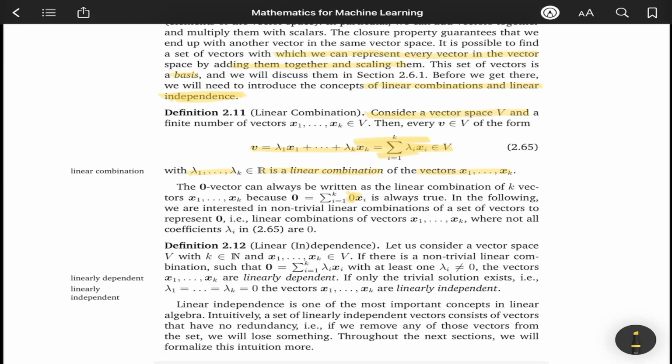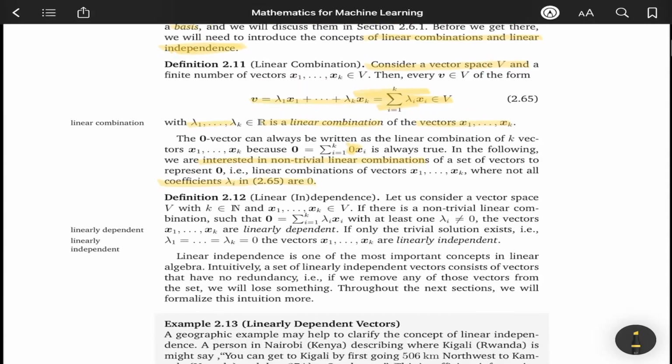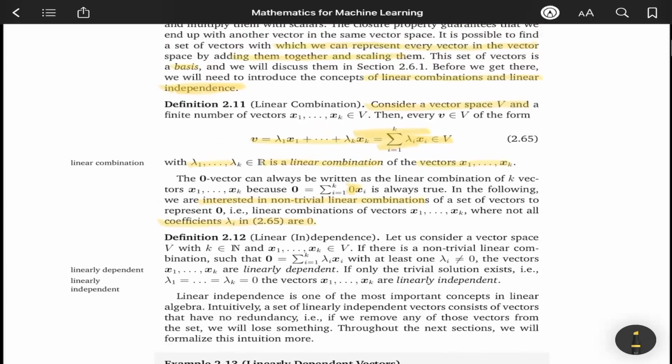In the following, we are interested in non-trivial linear combinations of a set of vectors to represent the null vector, for example, linear combinations of vectors where not all coefficients are 0. At least not all of them should be 0. Then it's getting more tricky.